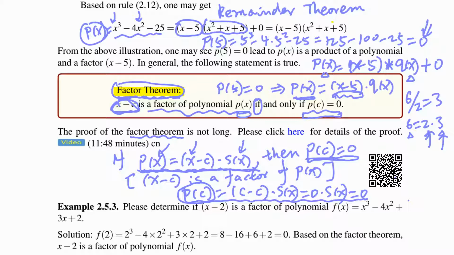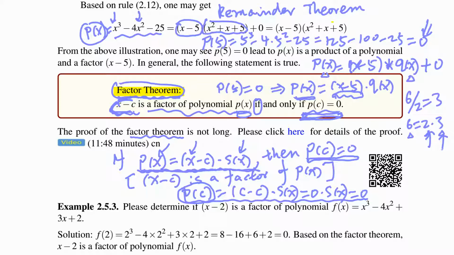So the factor theorem basically says two things, two directions. One direction is if p of c is 0, you can claim x minus c will be a factor. Okay, that's one thing.